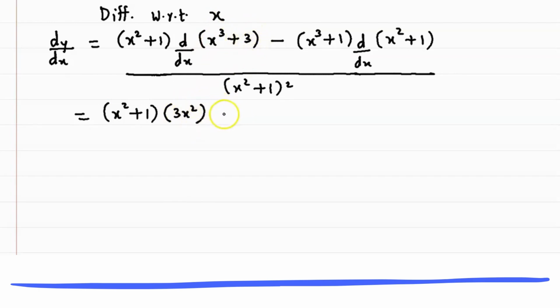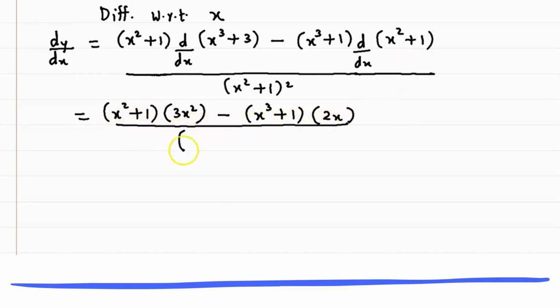So we close the brackets, minus, now next we have x cube plus 1 into derivative of these two terms. Now derivative of x square is 2x, derivative of 1 is 0. And then we divide this by x square plus 1 the whole square.